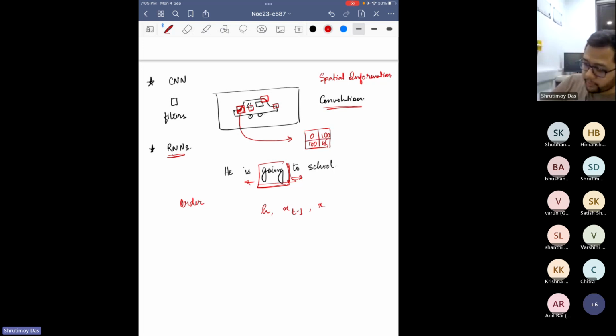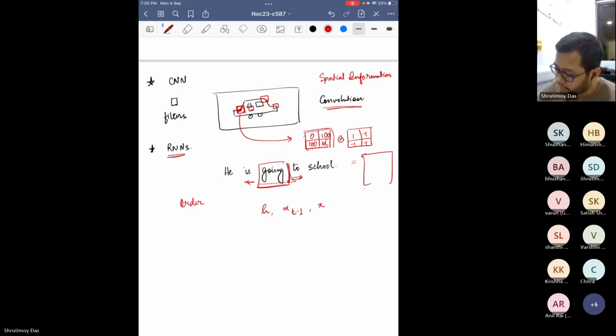Suppose we learn some convolution on this. Suppose our convolution is say 1, minus 1, minus 1, minus 1. Then you get something like 0, minus 100, minus 100, minus 65. This is the result after applying convolution.